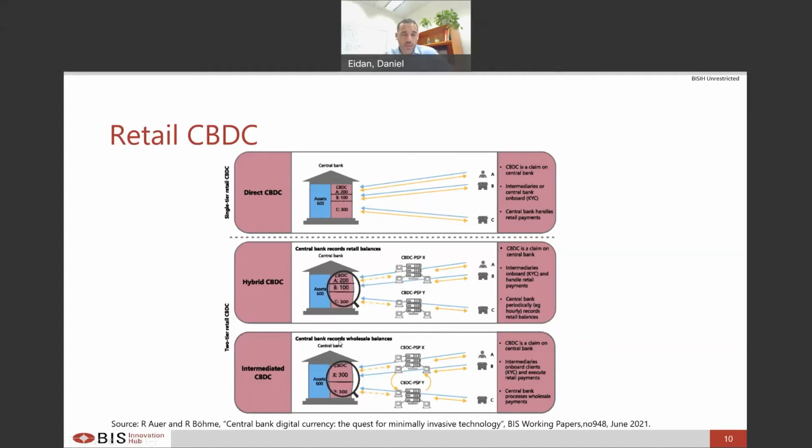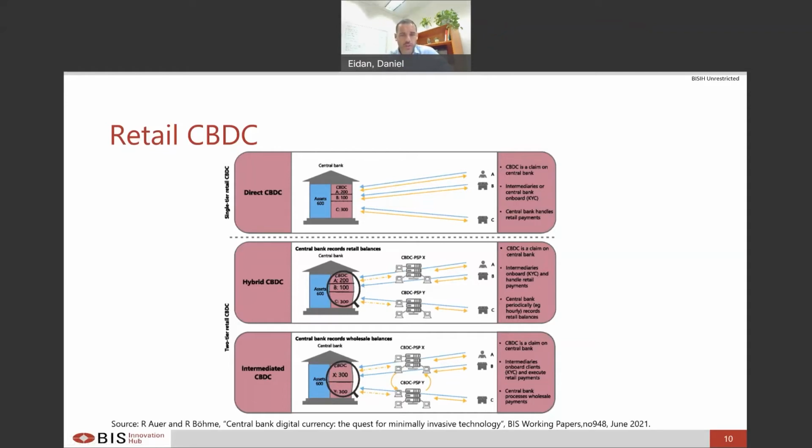In the fully intermediated model that you see at the bottom, the relationship is almost the same, with the distinction that the payment service providers can actually move money between themselves, and the central bank, on its liability side within the magnifying glass, doesn't know the actual holdings of the holders of the currency.